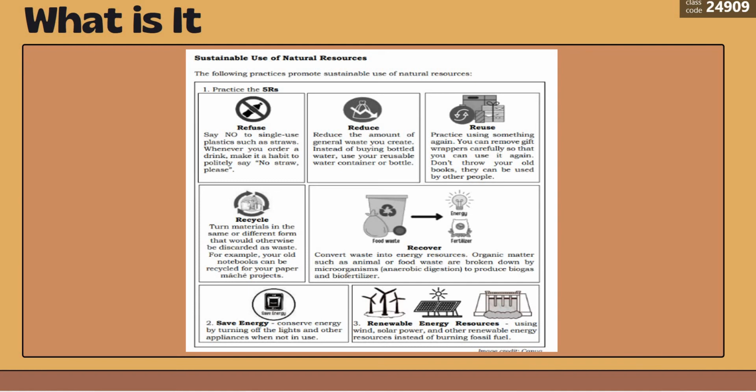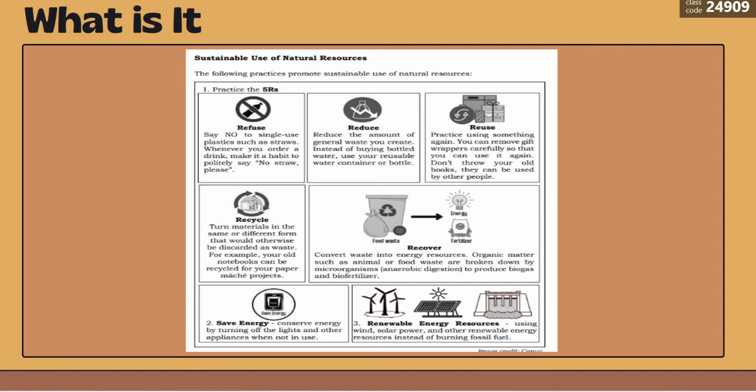Organic matter, such as animal or food waste, is broken down by microorganisms through anaerobic digestion. Use biogas and biofertilizers. You can also save energy. How? Conserve energy by turning off the lights and other appliances when not in use.